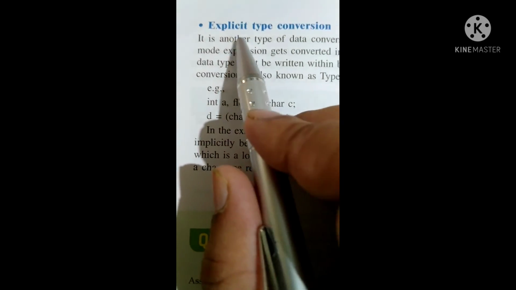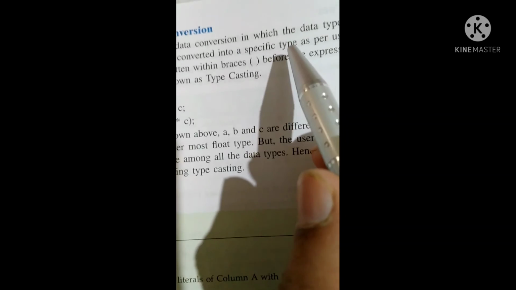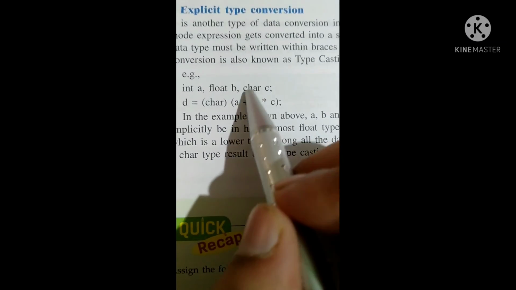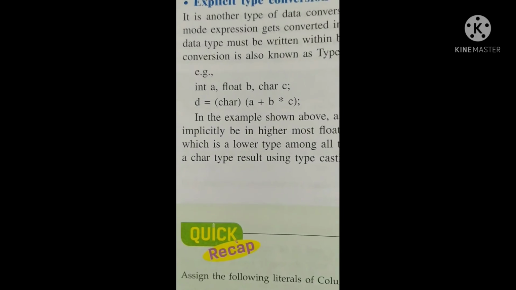But explicit data conversion is another type of data conversion, in which the data type of the result in a mixed mode expression is chosen. Here also it is mixed, but it is the user's choice which data type he wants to get as a result. Suppose int A, float B and char C, three data types are given here.